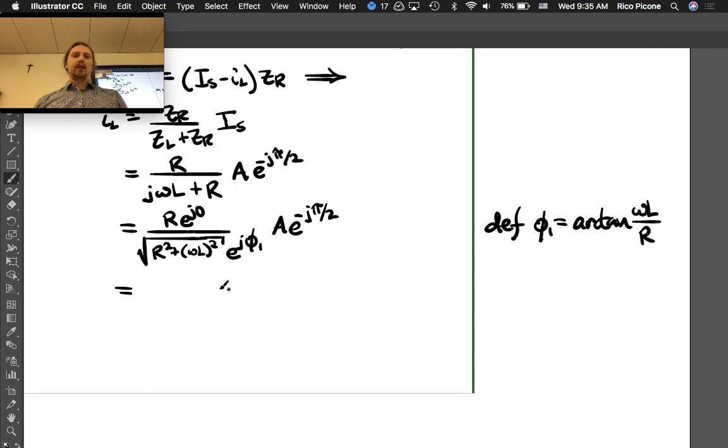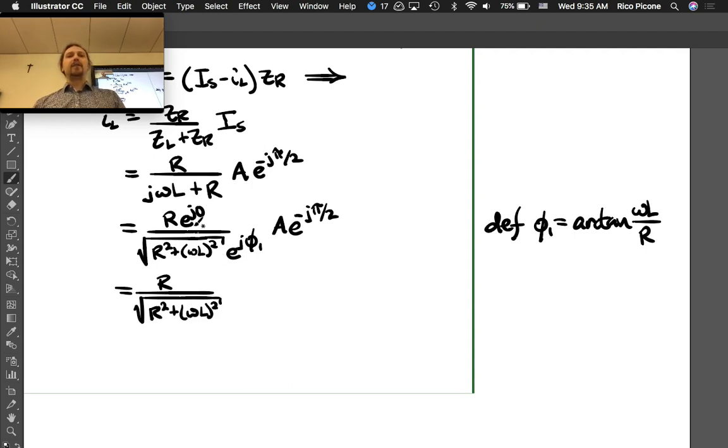Good. Yeah. So now the magnitudes combine just by division. So we've got the magnitude as R over, I should have probably called it M1, but the square root of R squared plus omega L squared, and so that's the magnitude.